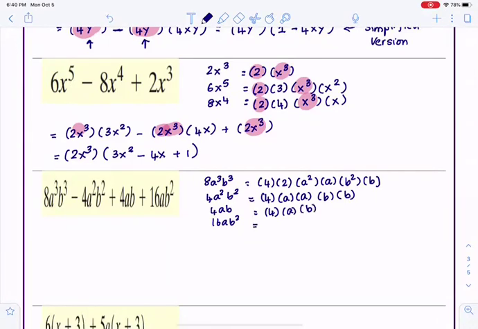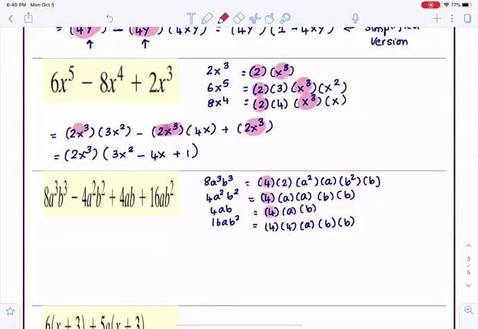And lastly, I would like to write 16 in terms of its smallest factor, which should be 4, the smallest factor that is common amongst all those terms, multiplied by a. Since the least exponent for b is just b by itself, I'm going to split it up and write it as b times b. Now we look for common terms.